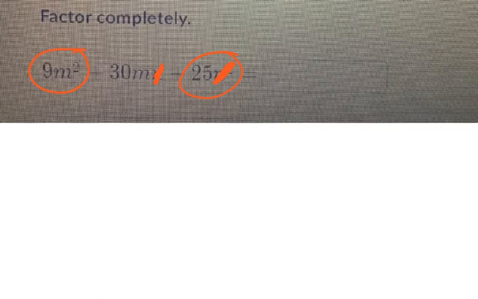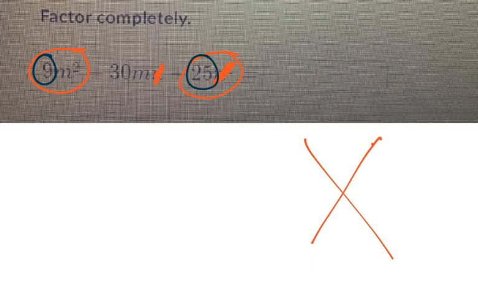If it's just m's, I'm going to do the x method, right? And I know 9 times 25 is 225. And yes, you can use your calculator on this, guys. And I have a 30 for my sum in the middle.